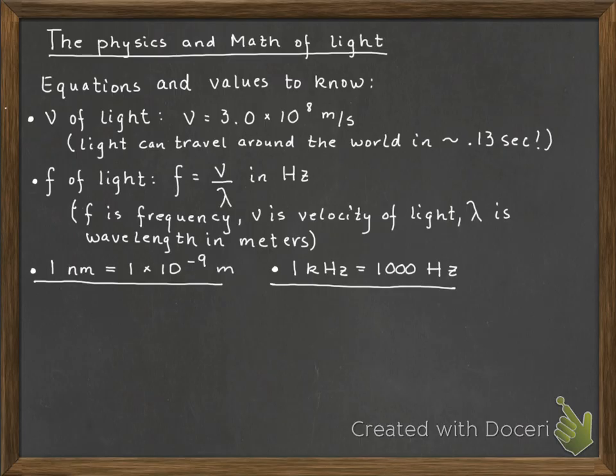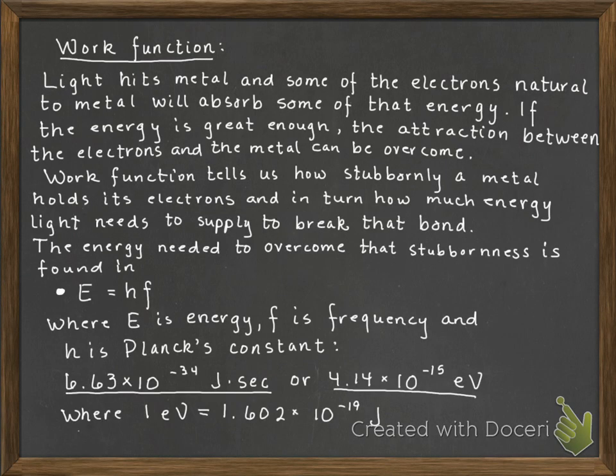And kilohertz is our kHz, and 1 kilohertz is 1,000 hertz, just like 1 kilometer is 1,000 meters. I'm going to come back to this slide when we need it.